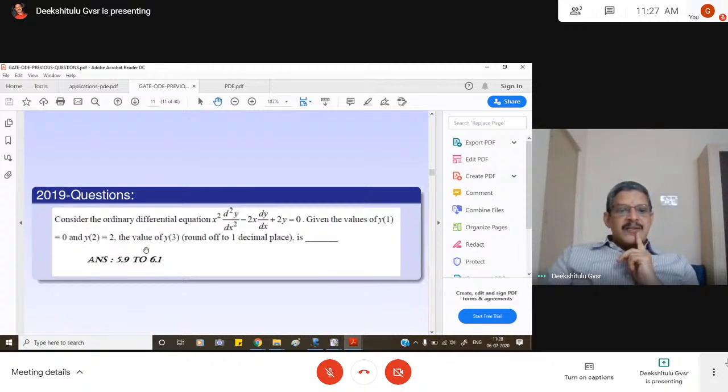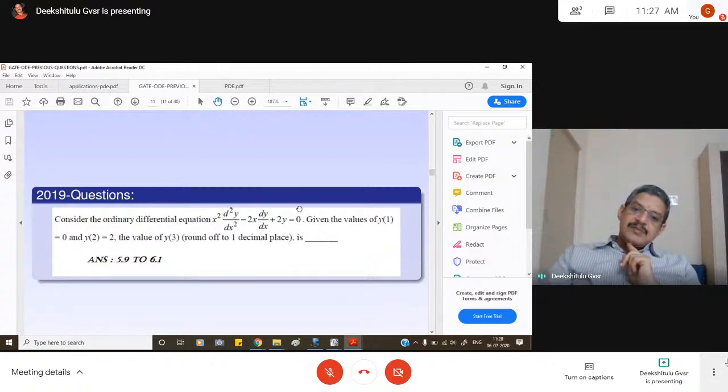Next, consider the ordinary differential equation x square d square y by dx square minus 2x dy by dx plus 2y is equal to 0. Given the values of y1 is equal to 0, y2 is equal to 2, find the value of y3. How do you solve this equation? This is called Cauchy's equation.